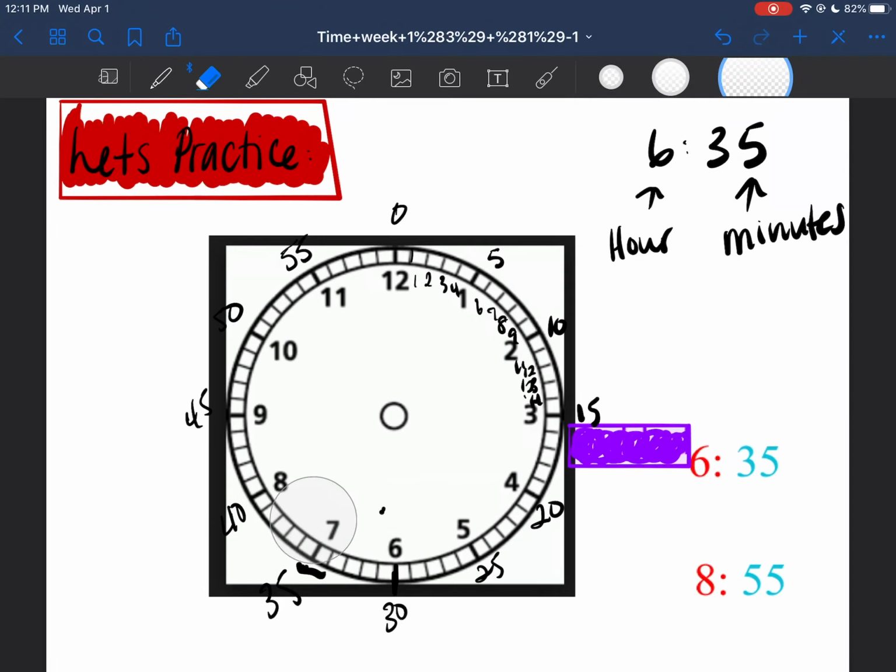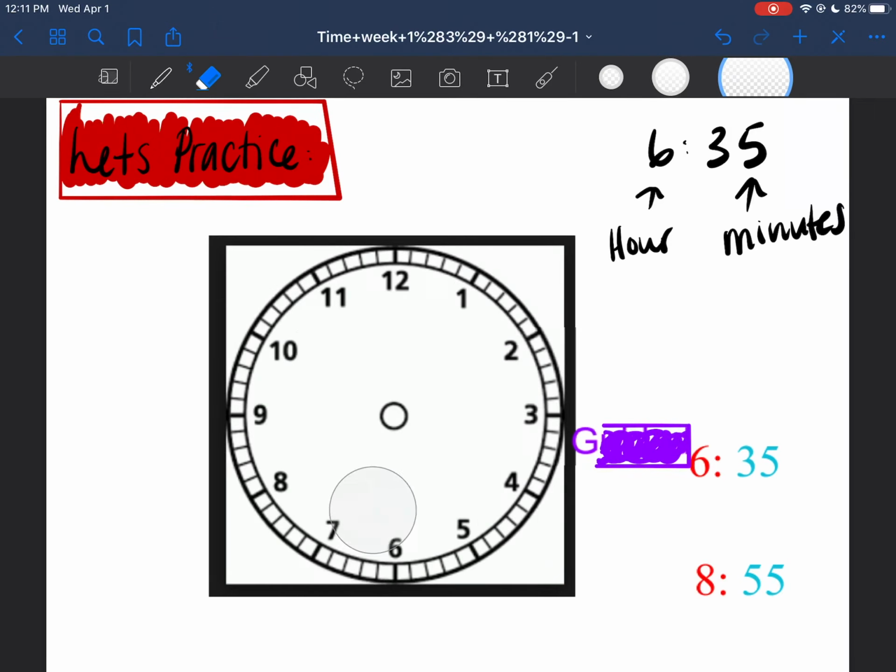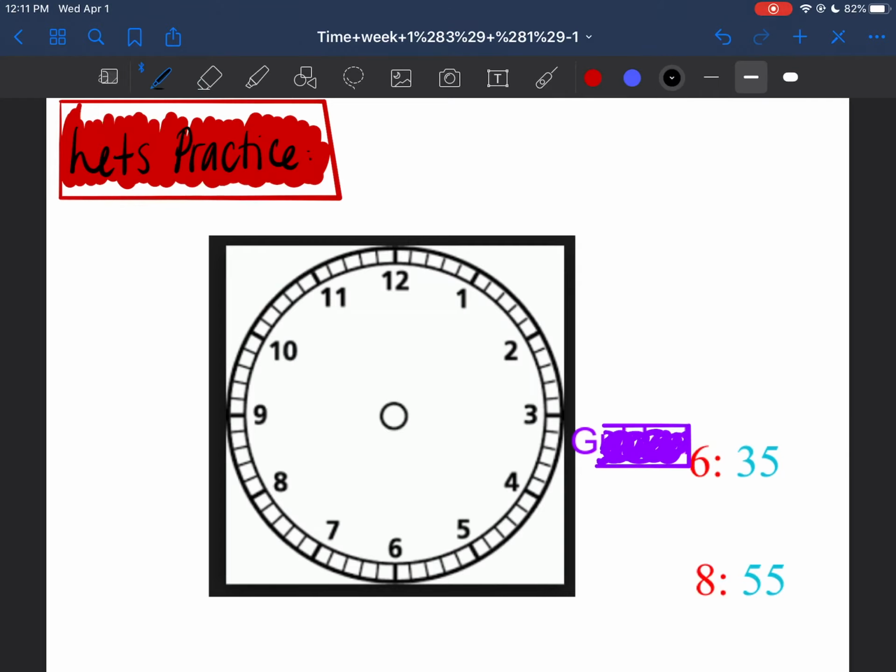Let's do one more together. I'm going to erase. Let's represent 8:55, sorry. Remember, the hour comes first, and these are our minutes. The hour is the short hand, the minutes are the long hand, so my hour is 8. Well, I can see that 55 is going to be over here if I label my clock.